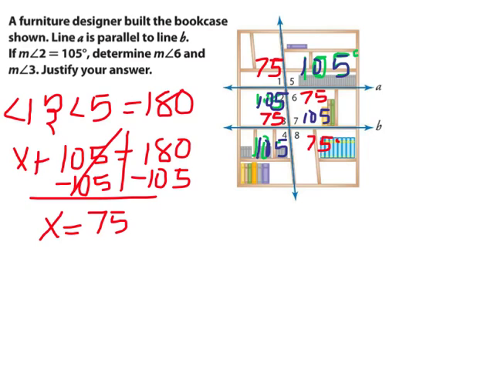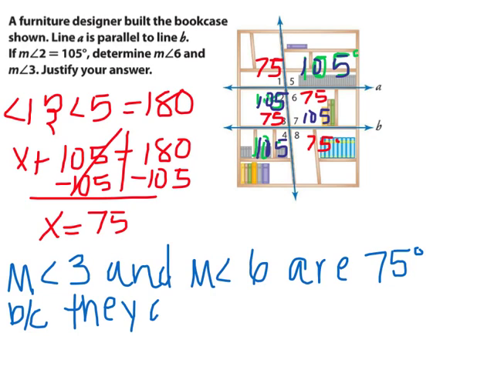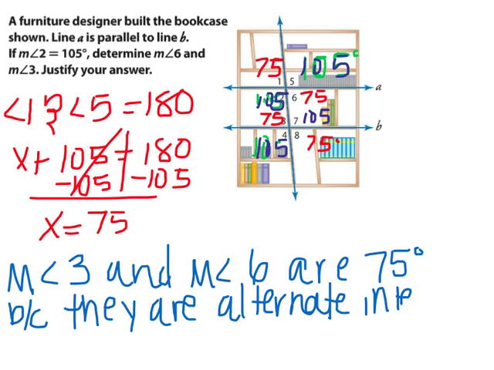So we wanted to determine the measure of angle 6 and the measure of angle 3. The measure of angle 3 and the measure of angle 6 are 75 degrees because they are alternate interiors, so they're equal.